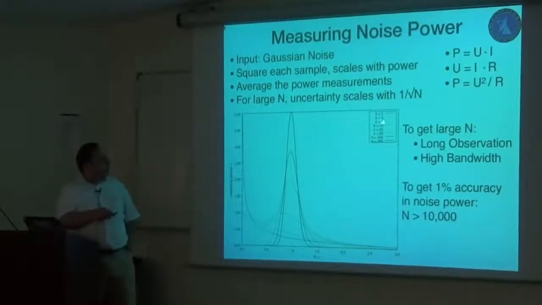And every time you make the number of samples 4 times higher, the width of your probability distribution gets smaller by a factor of 2. So what we want to do is have a large number of samples in there, because the uncertainty from the power measurement scales with the square root of the number of samples.